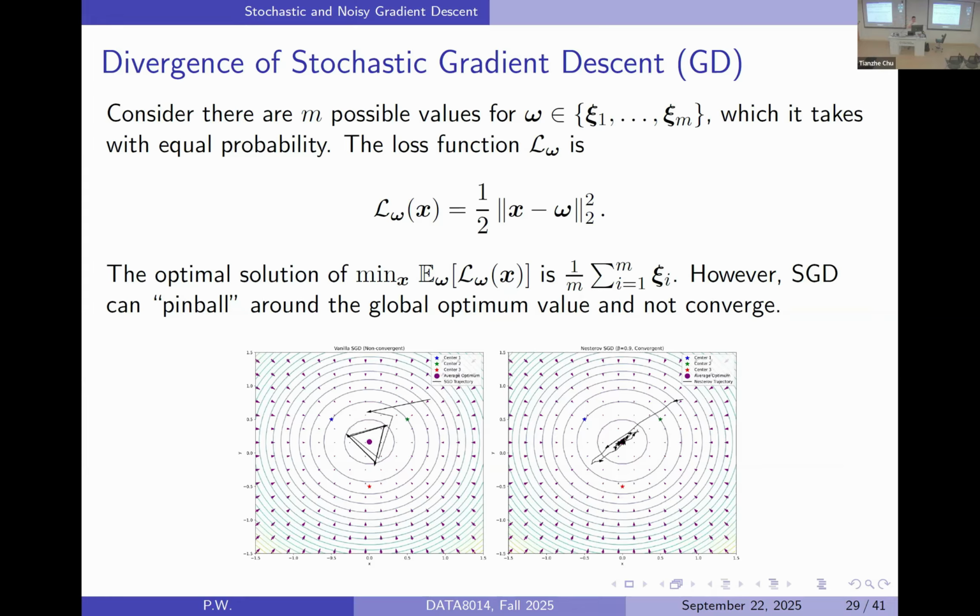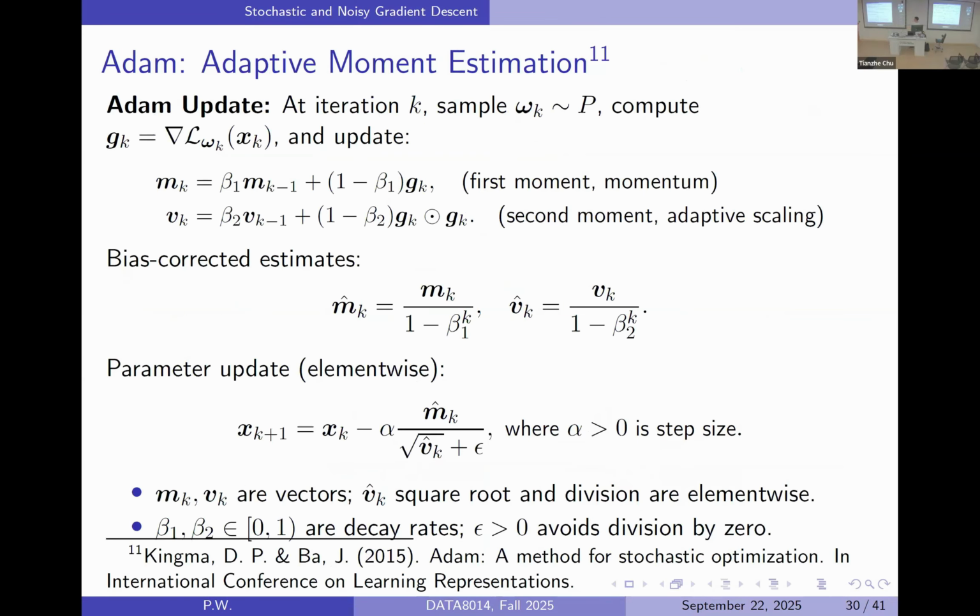So why do we show this simple example? Because we want to introduce a very popular algorithm, Adam, which also shares the same spirit as the momentum method. This is the whole update. This algorithm was first proposed by these two authors, and the paper was accepted about 10 years ago at ICLR.